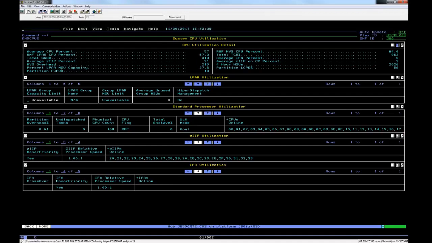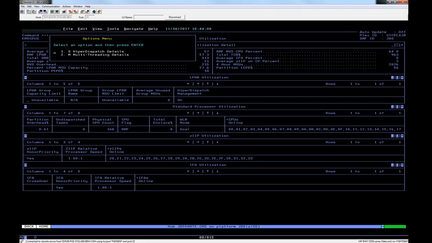But what I'm more interested in showing you are some options here. OMEGAMON for z/OS supports HiperDispatch specific metrics and the more recent multi-threading or SMT, simultaneous multi-threading metrics. So I'll start with HiperDispatch.